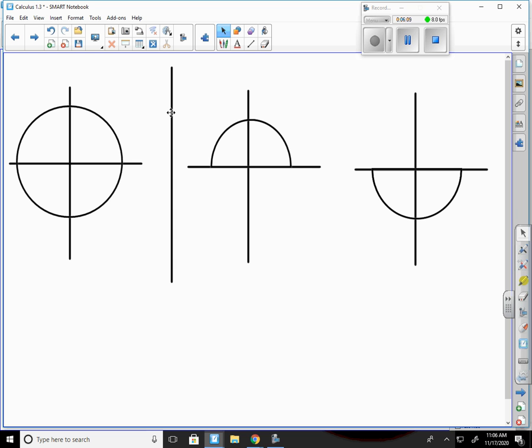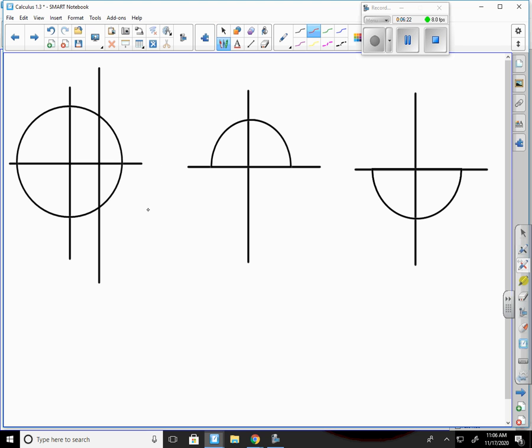Now here's the thing. Exactly. If it hits the line more than once, it's not a function. So this one, it hits the line in two different spots. Right, because it hits it here and here. So that would be not a function.